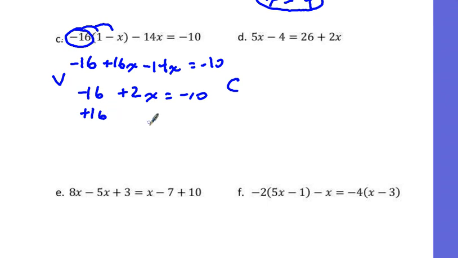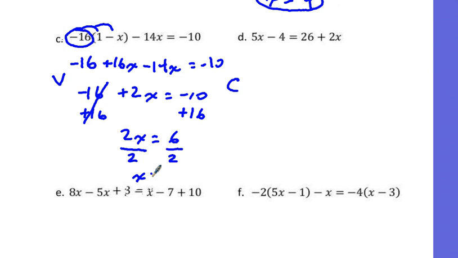Again, addition is the inverse operation to subtraction, and if we add to the left, we need to add to the right. 2x equals 6. At this point, we see 2 times x. We'll use the inverse operation of multiplication, again, which is division, to divide both sides of the equation by 2. x equals 3.